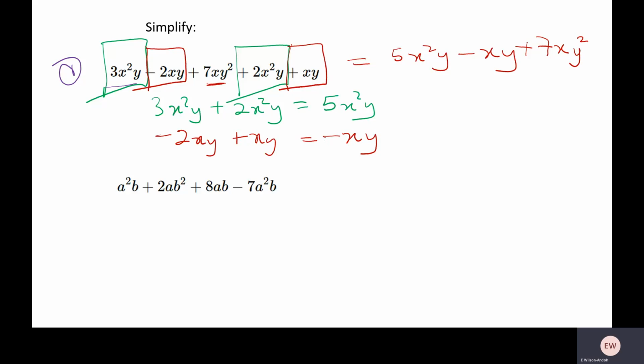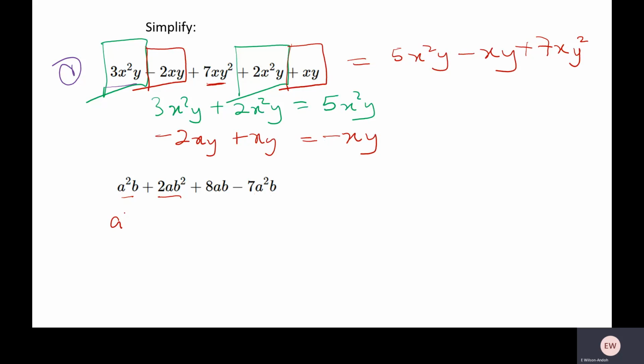In the last example, the first term and the second term are not the same. This is a to the power of 1, b squared. Here is a squared, b to the power of 1. They are not the same. The third term, if we compare that with the first term, they are not like terms. But when we look at the fourth term, we have a squared b in the fourth term.